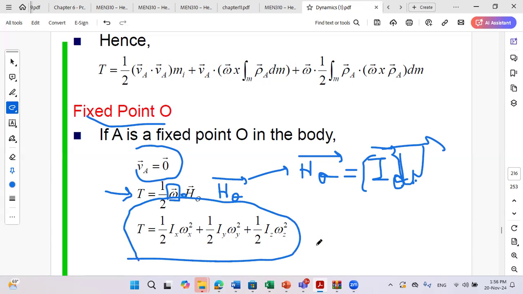While if you don't select the axes appropriately, or you are not able to find your principal axes, then the formula will be much more complex. So that's why we always try to select X, Y, Z in a way to be principal axes of inertia, to simplify the computation of angular momentum and the computation of kinetic energy.